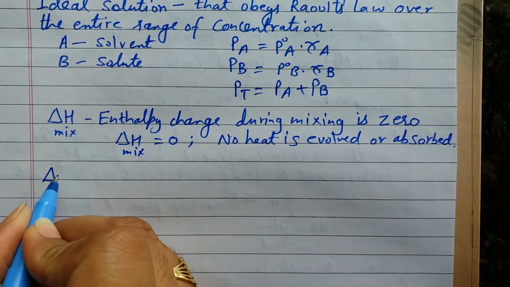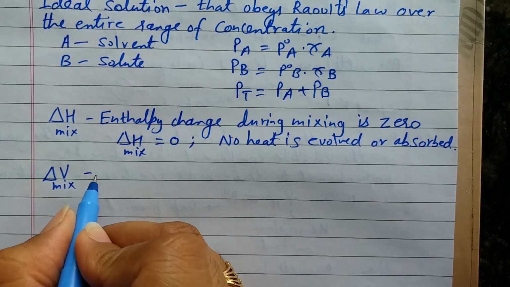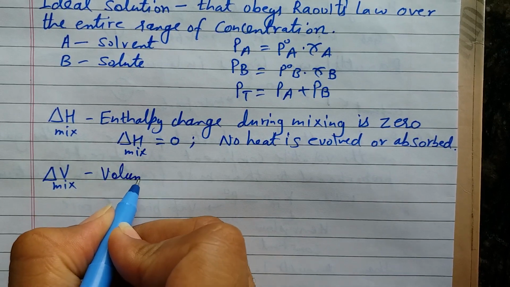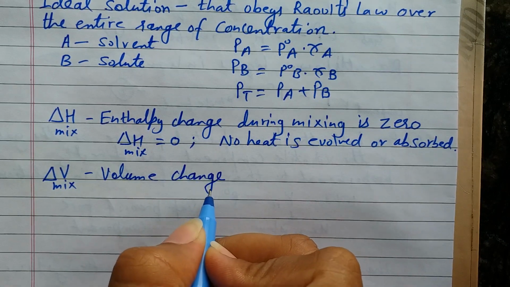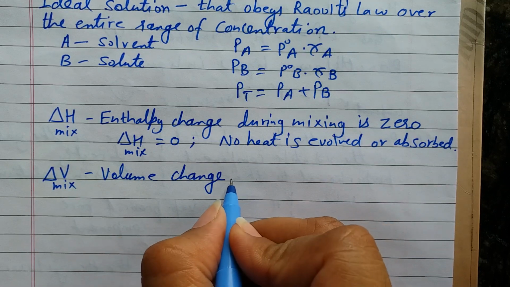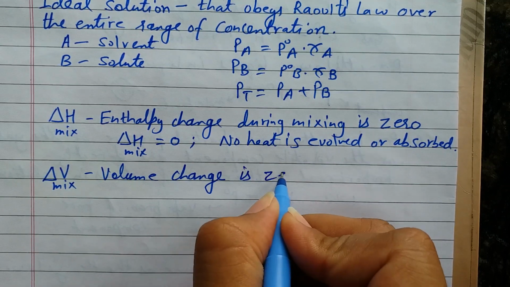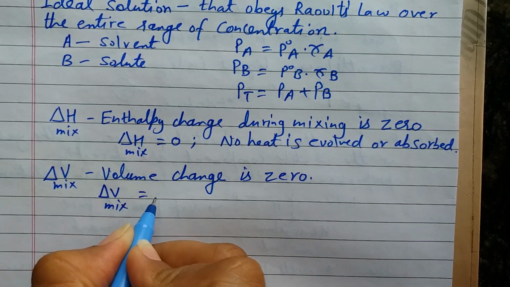At the same time, it is observed that delta V mixing is also 0. What is delta V mixing? It is the change in volume when you mix the two components, the solute and the solvent. So delta V mixing is also equal to 0.